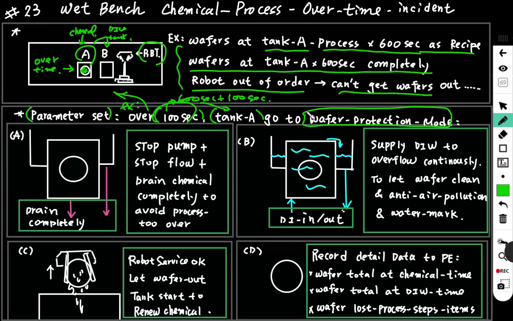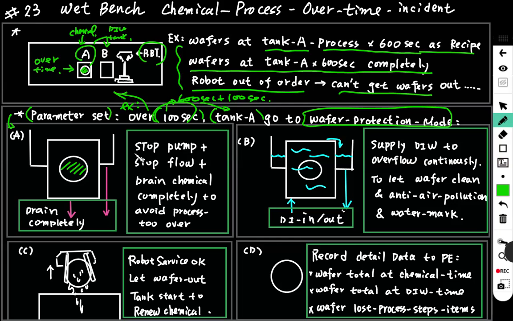Tank A will go to the wafer protection mode. The wafer protection mode sequence is as follows. The step A is the wafer in the tank.